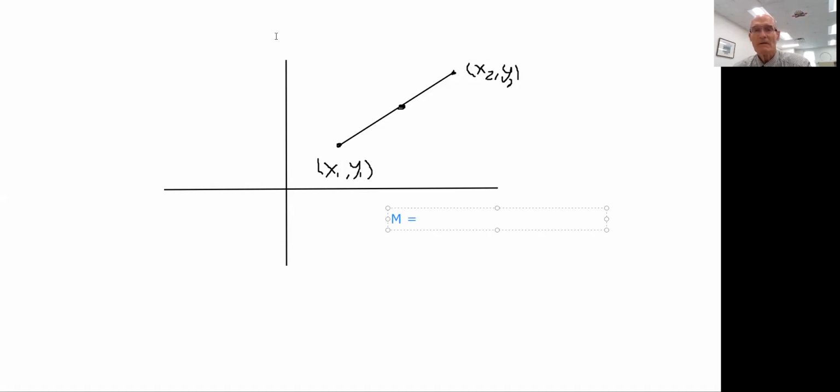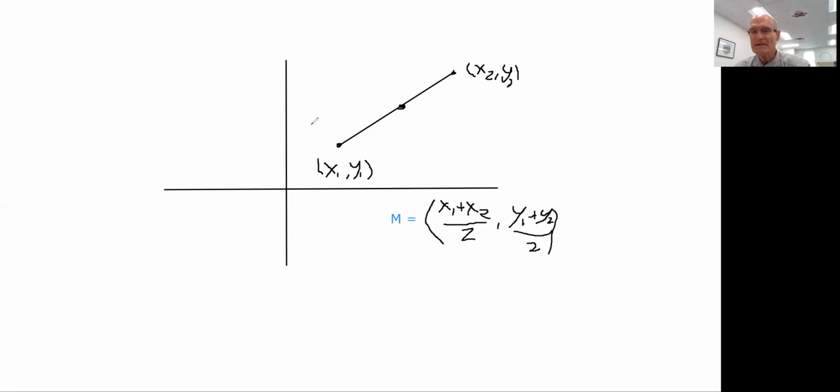Now, you take the average of the x coordinates, so you get x1 plus x2 divided by 2, and y1 plus y2 divided by 2. So you're taking the average of the x coordinates and the average of the y coordinates.